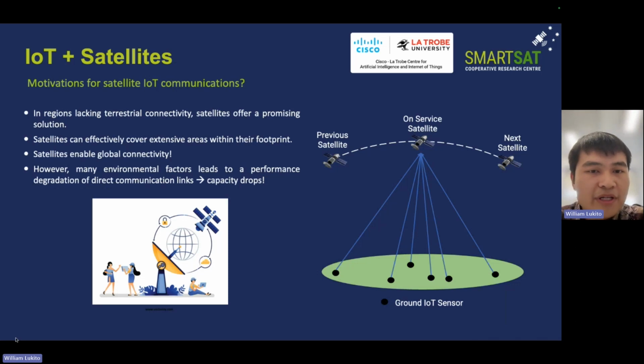And by incorporating satellite communication for IoT networks, it is possible for ground IoT devices to directly communicate with satellite systems.